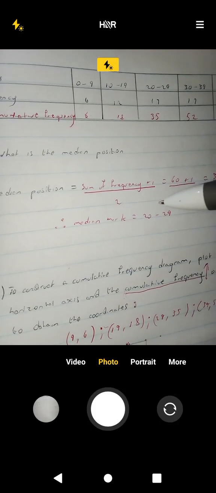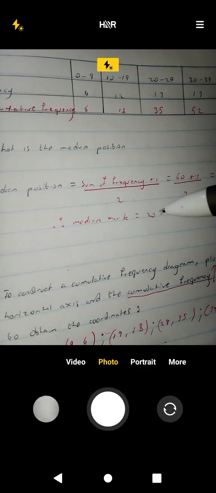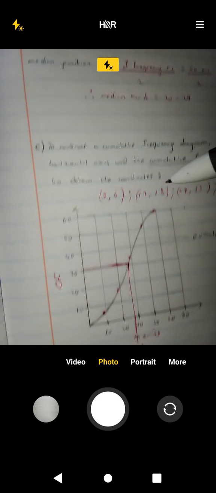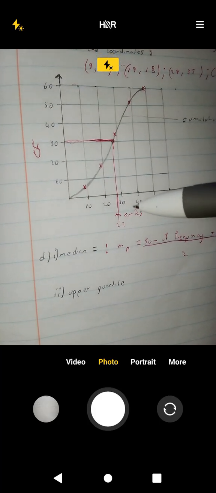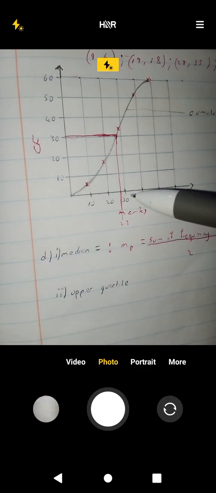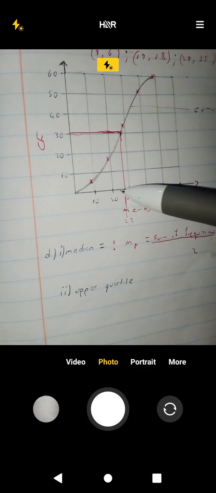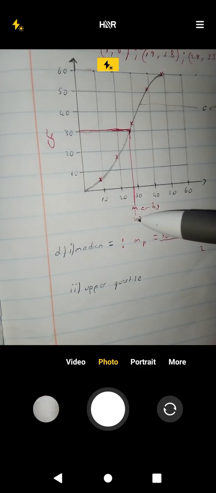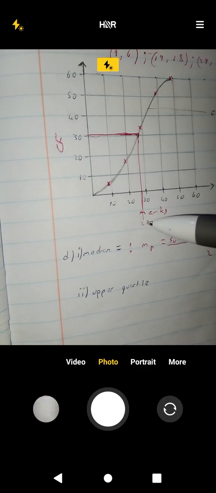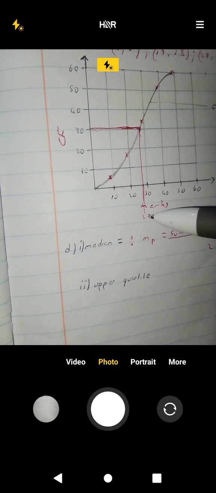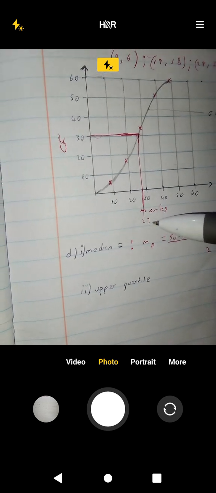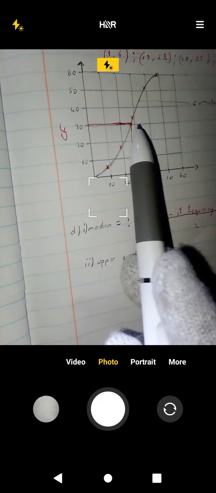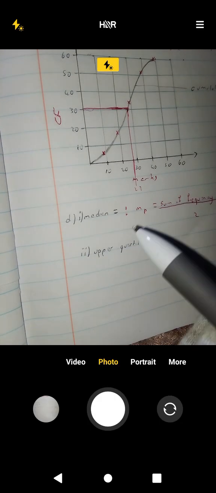We said the median mark is between 20 and 29. So we are correct, and this is actually the median mark. In my case it's 27, but in your case it should be even more accurate. So this is the median, and this is the median position.